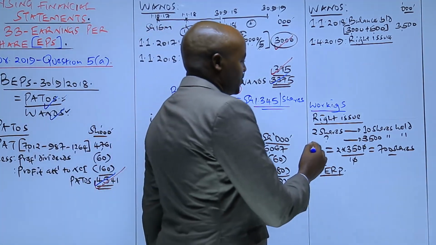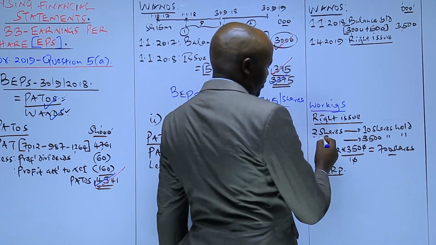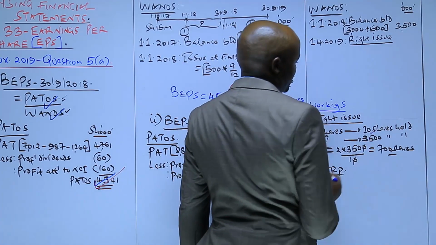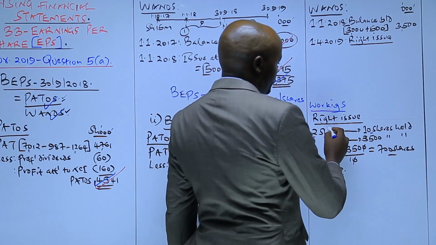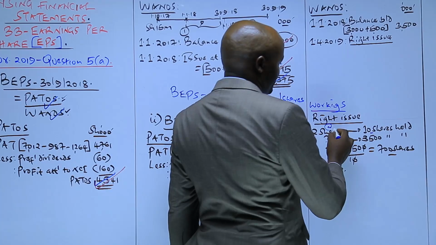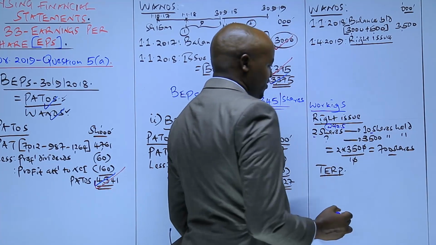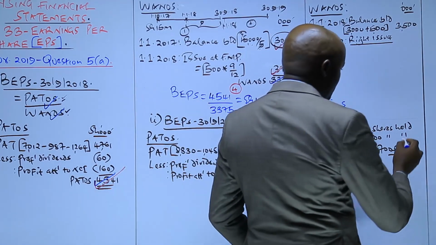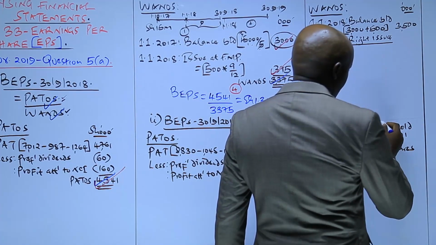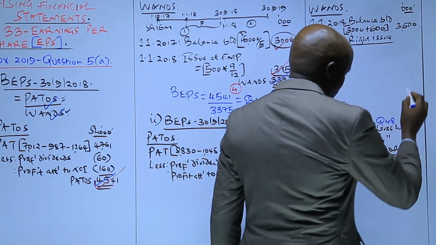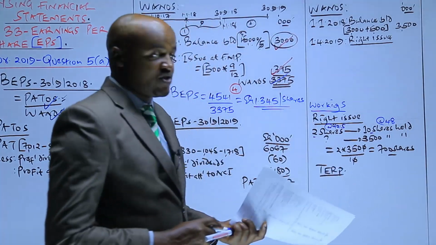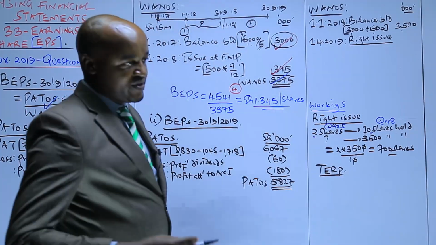So each of the 2 shares issued during the rights issue was to be issued at 42.5. The market price per share before the rights issue was 48.